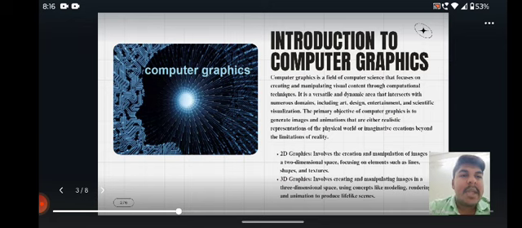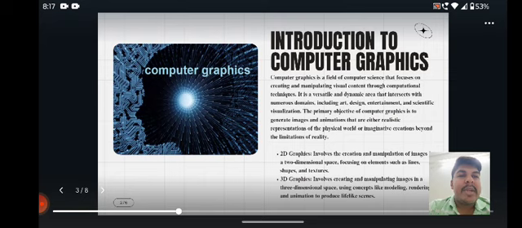It is a versatile and dynamic area that intersects with numerous domains, including art, design, entertainment, and scientific visualization. The primary objective of computer graphics is to generate images and animations that are either realistic representations of the physical world or imaginative creations beyond the limitations of reality.